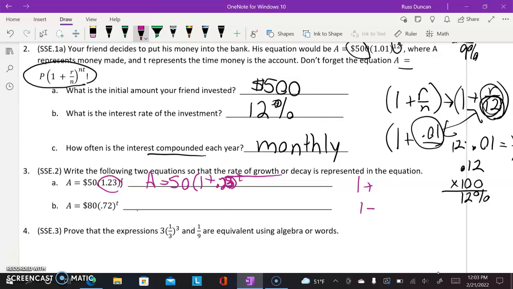Now this one's a little trickier. A equals 80. This one's less than 1, so 1 minus something to the t. Now, a way that you can find this, if you do 1 minus 0.72, you will get the number that needs to go in there. So if you do 1 minus 0.72, you'll actually get the number that should go in right there, which ends up being 0.28.